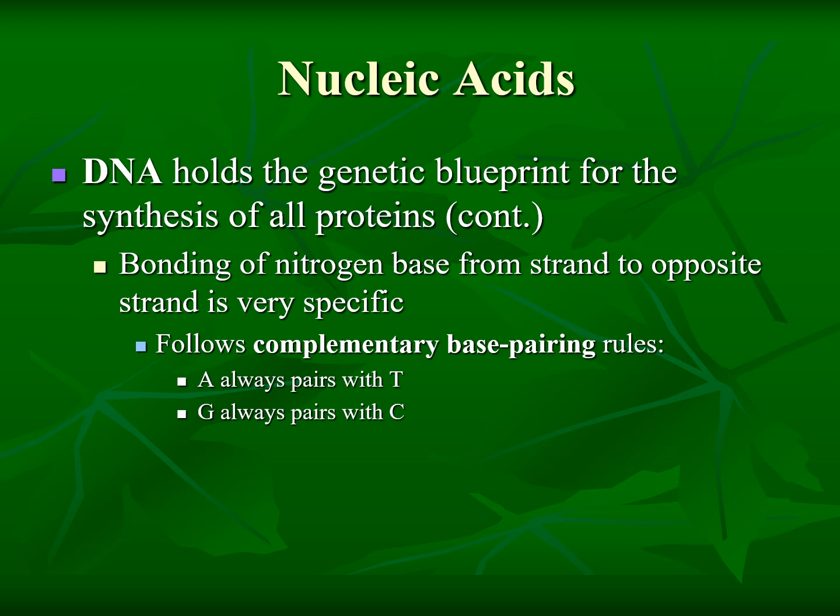So as I said, DNA contains all the genetic information. The way the 2 strands are held together is very, very specific. The 2 strands are held together by hydrogen bonds. Remember, this is the weakest of the bonds, but it's very important.